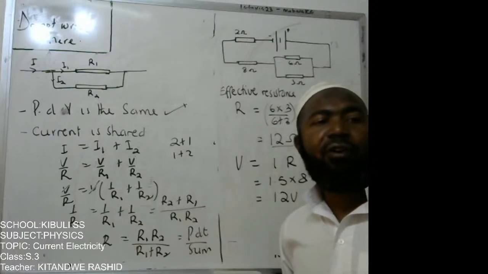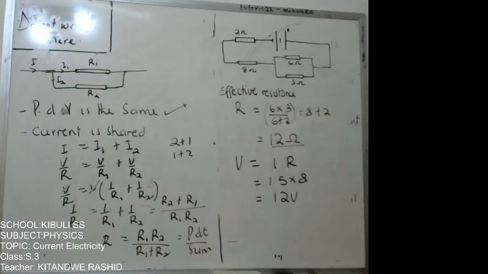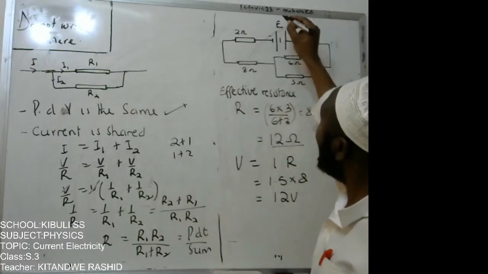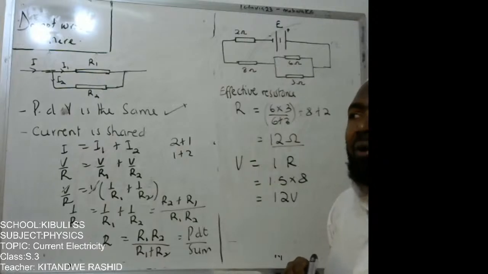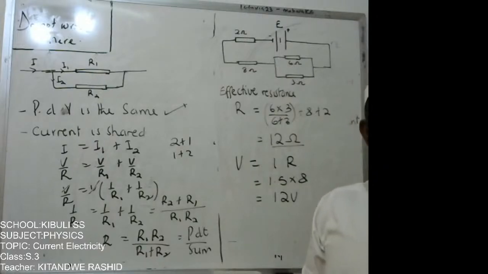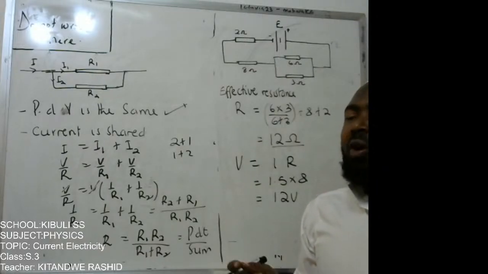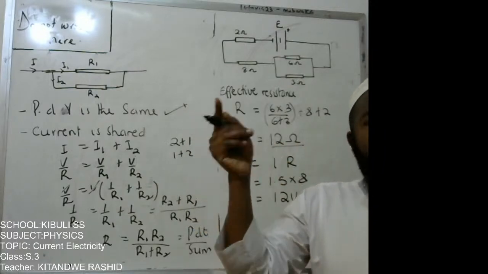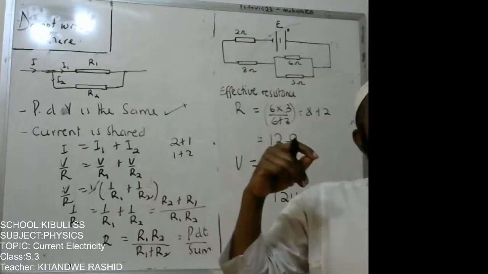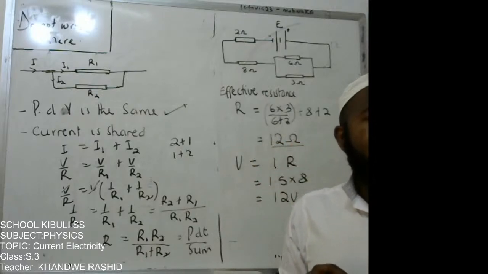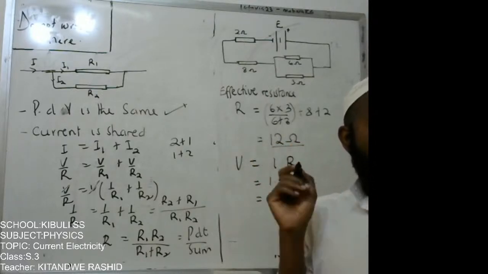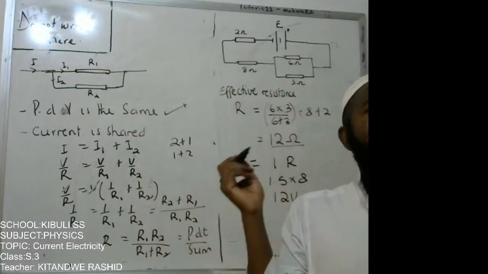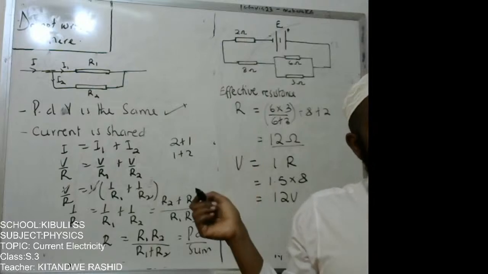Then the EMF of a cell. EMF, in other words, the supply EMF. Remember how we defined EMF. We said EMF is the total work done to move one coulomb of charge around a complete circuit in which the cell is connected. So that means there is a driving force that drives the charge or drives the current throughout the circuit.